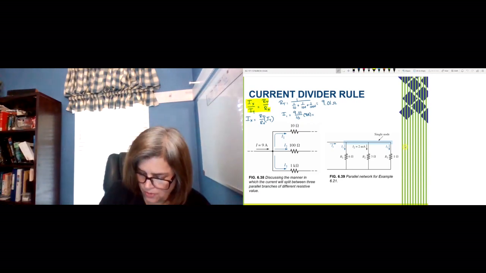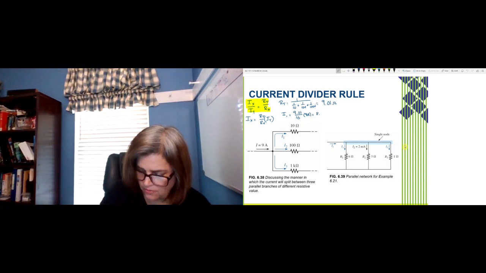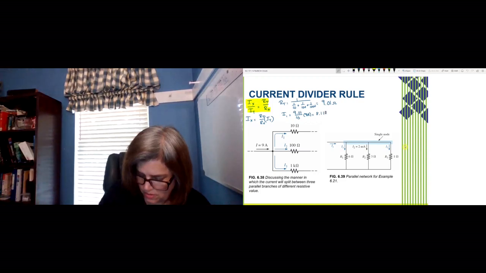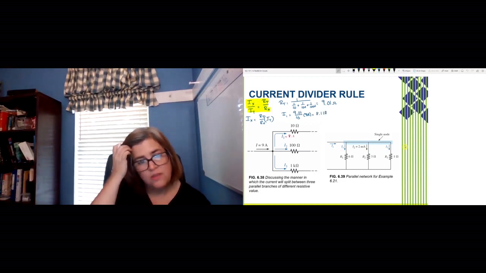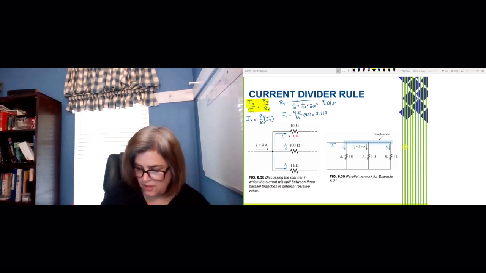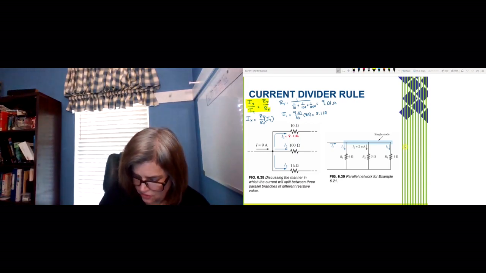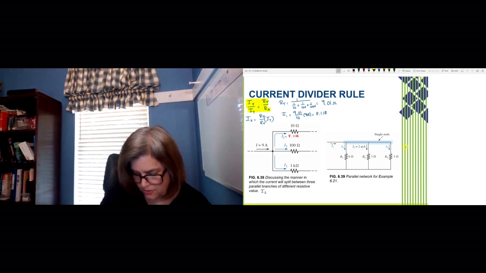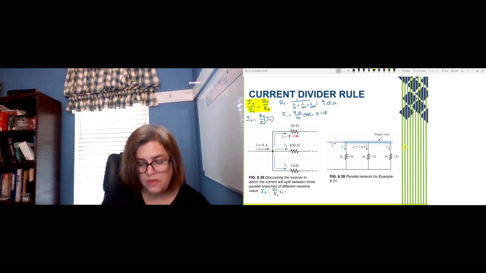So I get 8.11 amperes. And so definitely the biggest portion of current is going through the 10 ohm resistor, like I said. Okay, so let's look at I2.